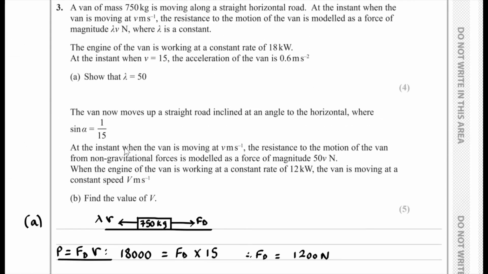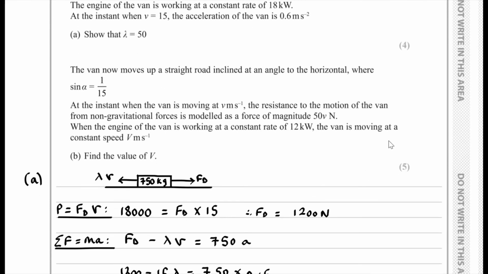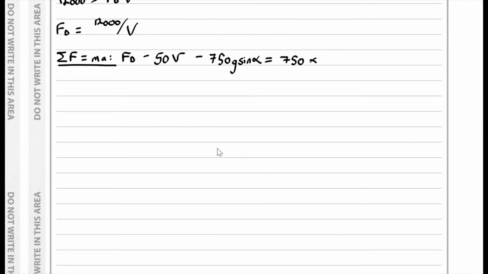The reason it's 0 is because we were told that the van is moving at a constant speed, so therefore a is equal to 0. So we have 12,000 over V minus 50V minus 750G times by 1 over 15, and that's equal to 0.